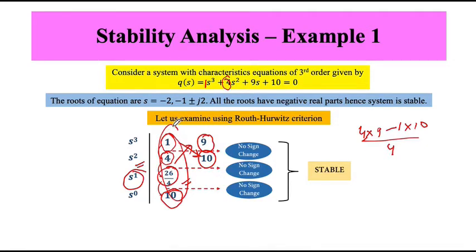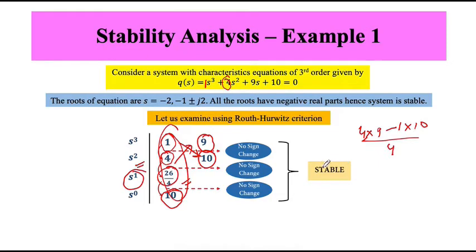I ask, is there any sign change from 1 to 4? The answer is no. From 4 to 26 by 4, the answer again is no. Then 26 by 4 to 10, the answer is again no. So there is no sign change, no sign change, no sign change.